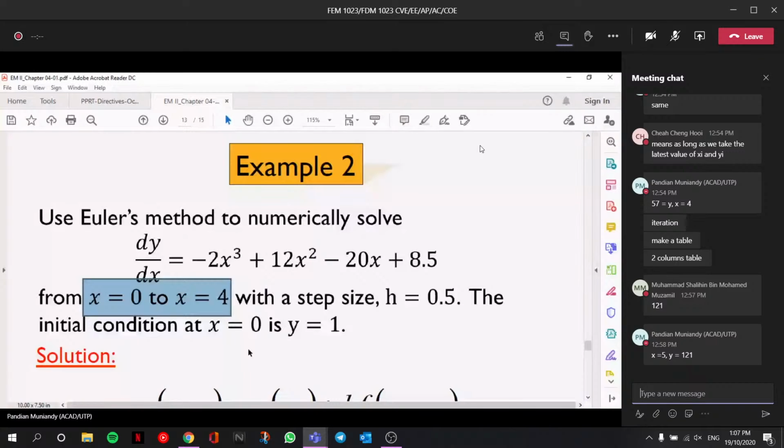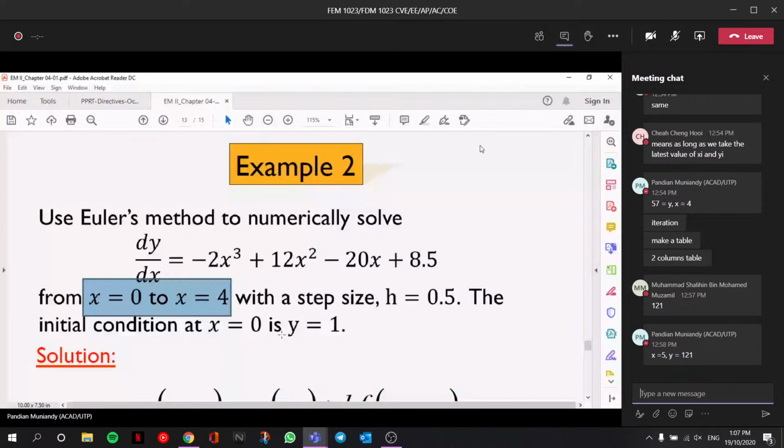x naught is 0, y naught is 1. So when x is 0, your y naught is 1. Now the next one, what is my y1? In this case, x1 is 0.5. So you want to calculate the y1.